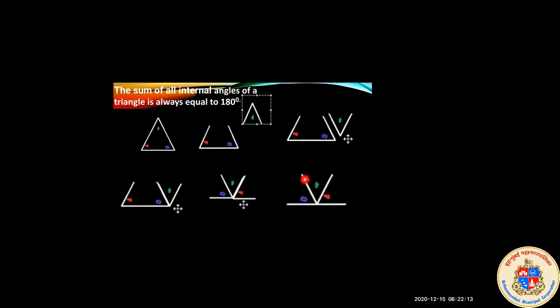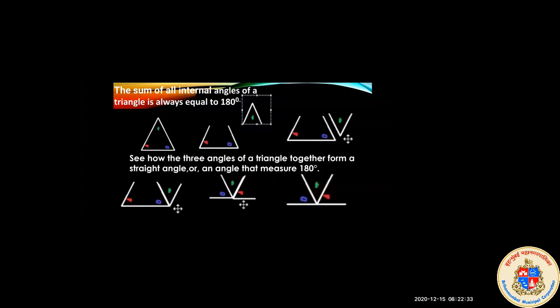See, all the three angles I have cut and I have put them like this. So it forms a straight line. You can see that when all the angles are cut and put like this, they are forming a straight line. So students, see how the three angles of a triangle together form a straight line.